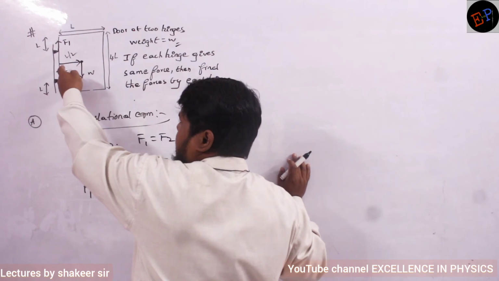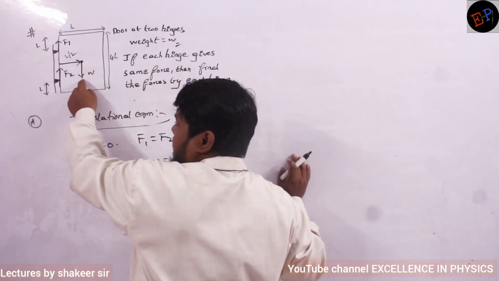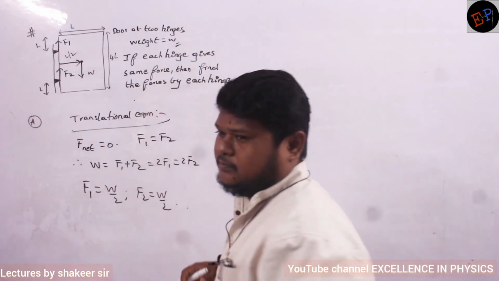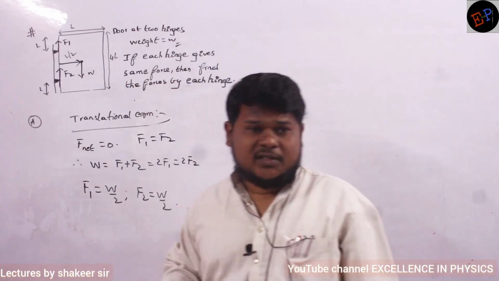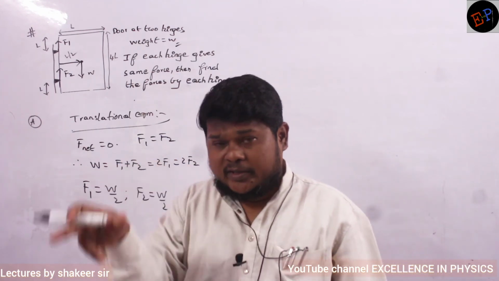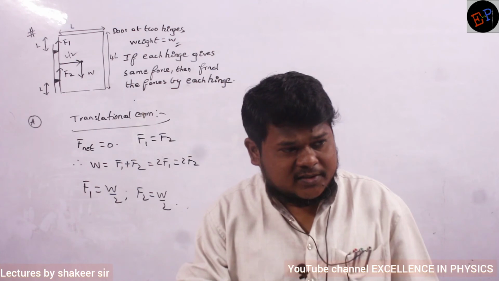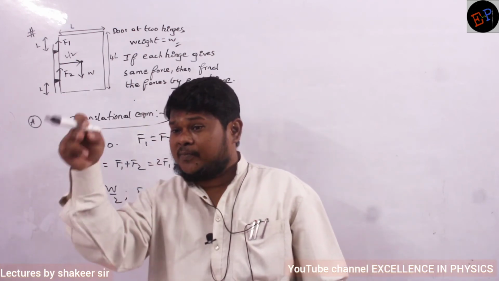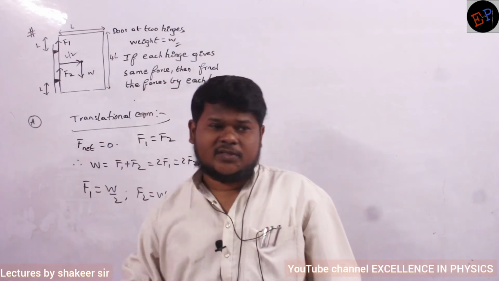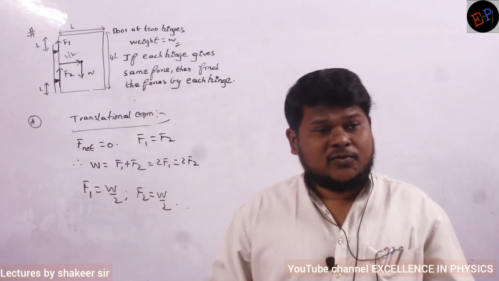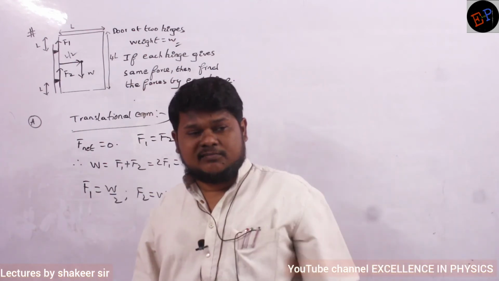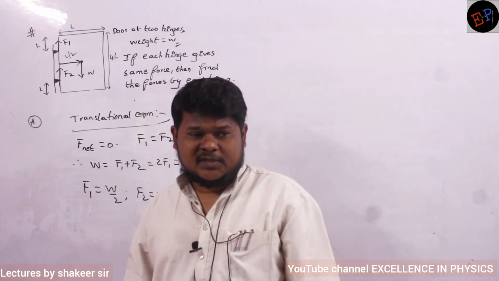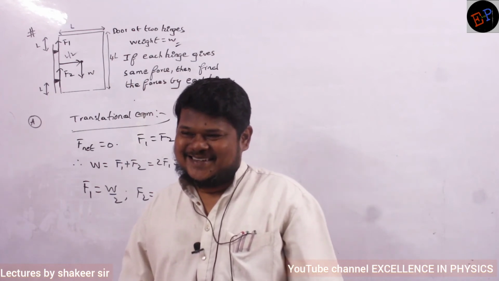So the torque is L by 2 multiplied by W. With that torque, the door will try to rotate. If the door tries to rotate, there should be some opposite torque to oppose this rotation, and again the hinges will give that.